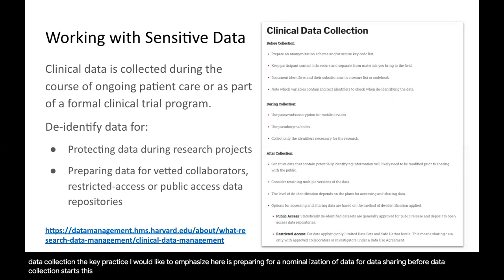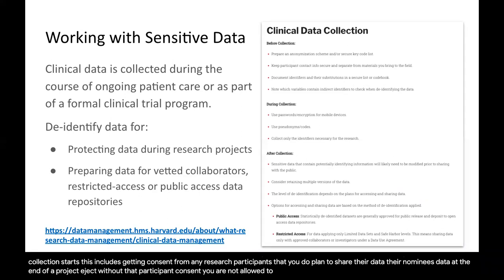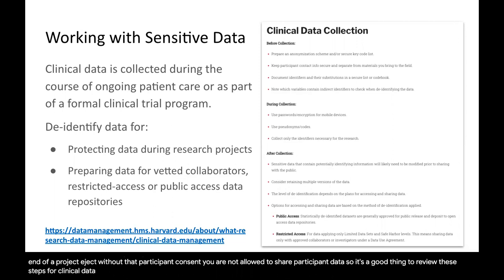This includes getting consent from any research participants that you do plan to share their anonymized data at the end of a project. Without that participant consent, you are not allowed to share participant data. So it's a good thing to review these steps for clinical data practice before getting started.